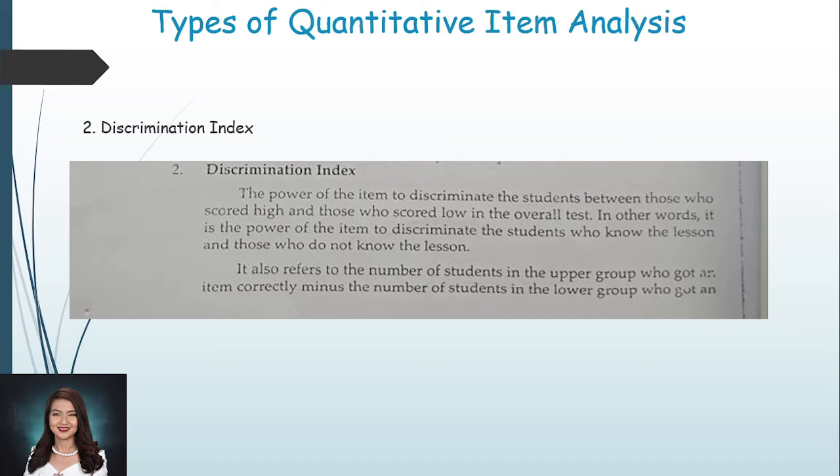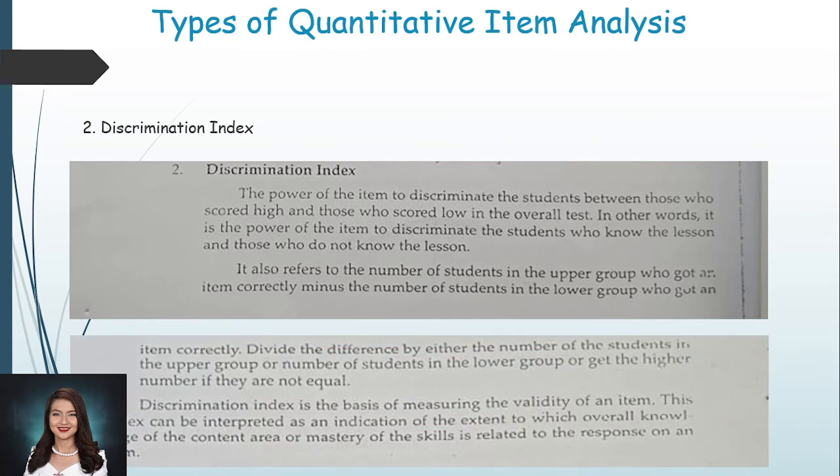Discrimination index also refers to the number of students in the upper group who got an item correctly minus the number of students in the lower group who got an item correctly. Then, we divide the difference by either the number of students in the upper group or the number of students in the lower group, or get the higher number if they are not equal.